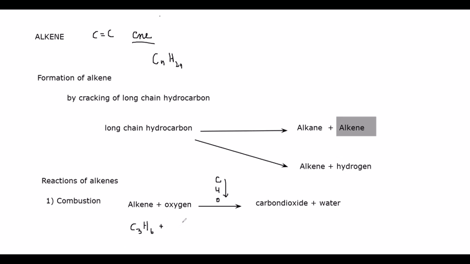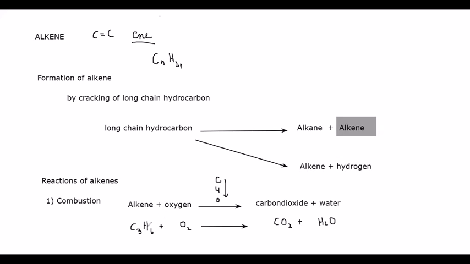So the number of hydrogen should be 6, reacted with oxygen. When you burn in the presence of oxygen, this will result in the formation of CO2, carbon dioxide, plus H2O, water. Now the balancing part: you always start balancing with carbon, followed by hydrogen, and at the last, other elements.